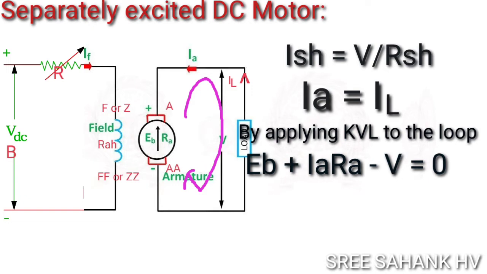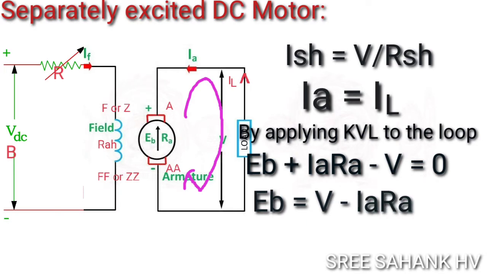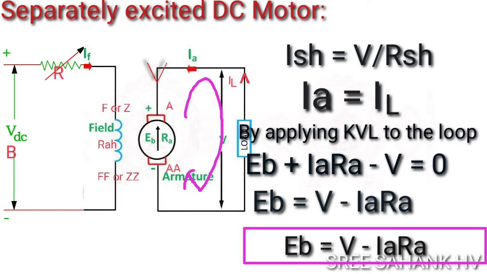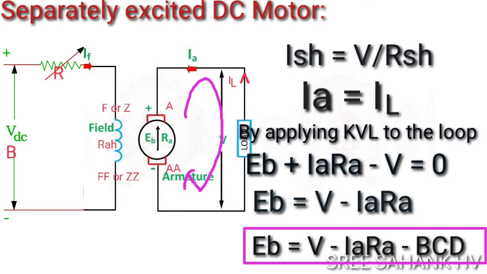Here plus came because the current is in the opposite direction to the loop. So EB is equal to V minus IARA. So finally EB is equal to V minus IARA minus BCD. Here BCD is brush contact drop.